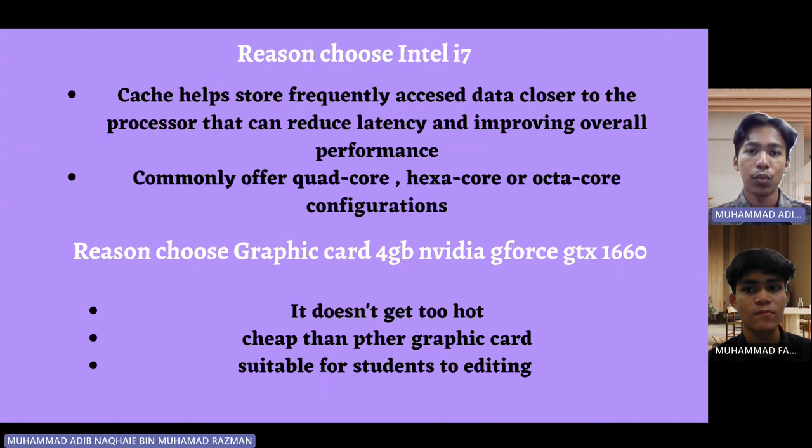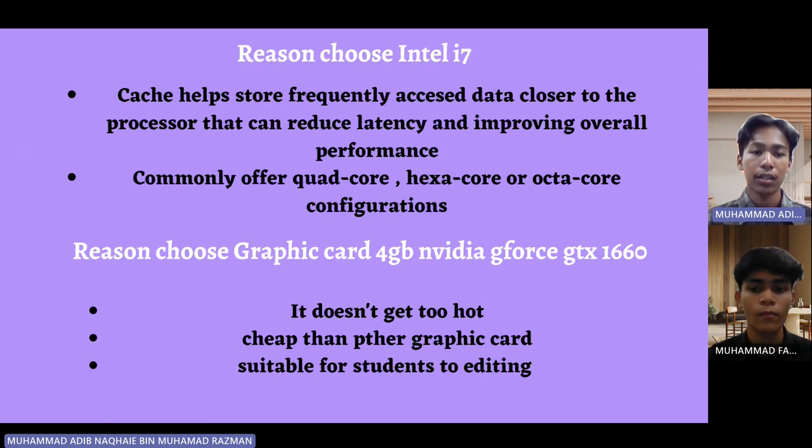The reason why we choose Intel i7 for processor is because it has a larger cache that can help store frequently accessed data closer to the processors, which can reduce latency and improve overall performance, which is suitable for students doing editing, reducing latency for their rendering performance.